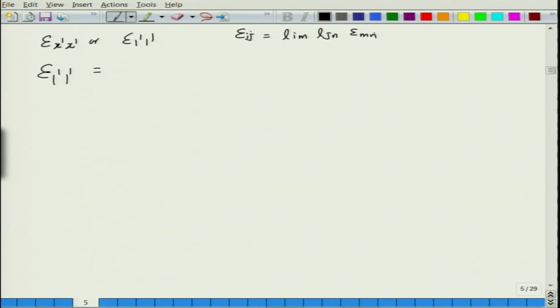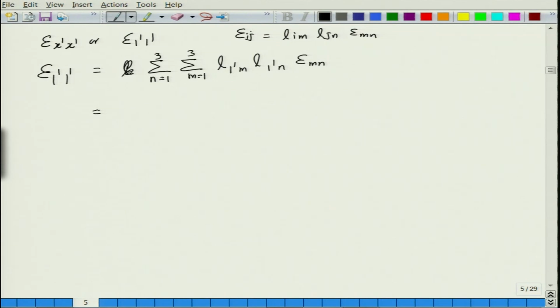Okay. So, i and j values are fixed, alright. So, essentially we are going to sum over L of 1 prime m, L of 1 prime n into epsilon mn. This is what the sum is going to be.